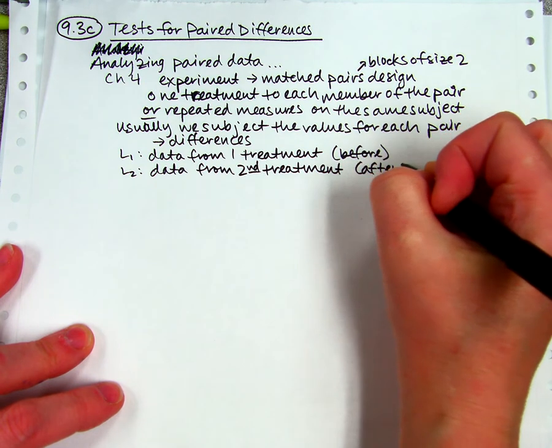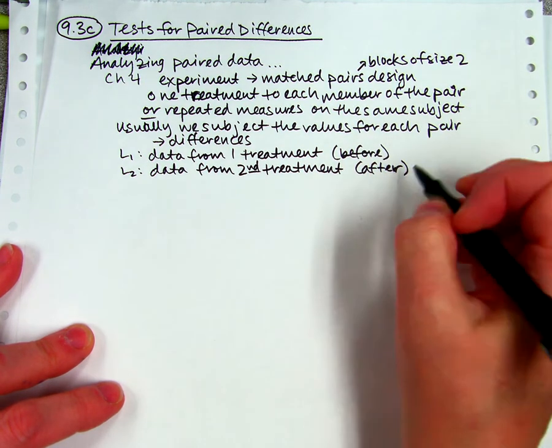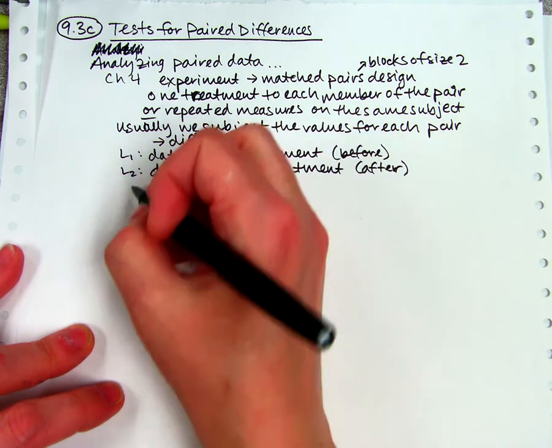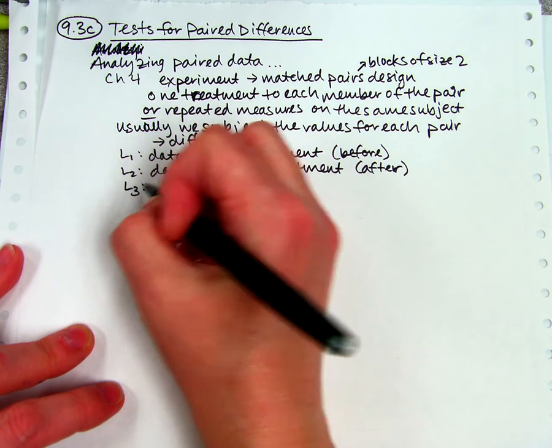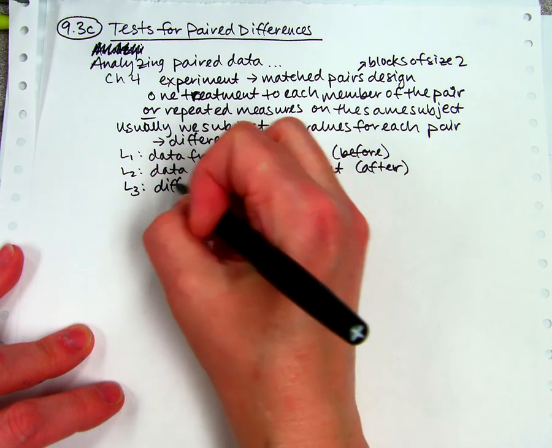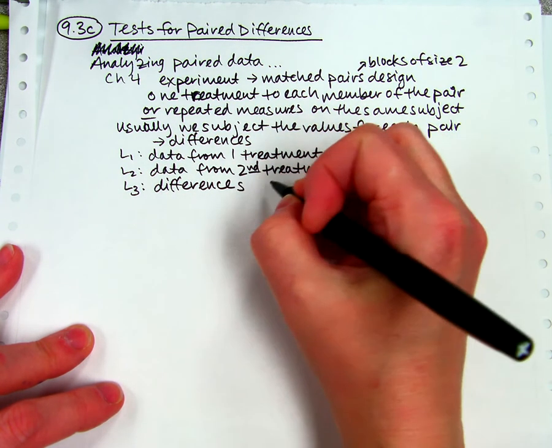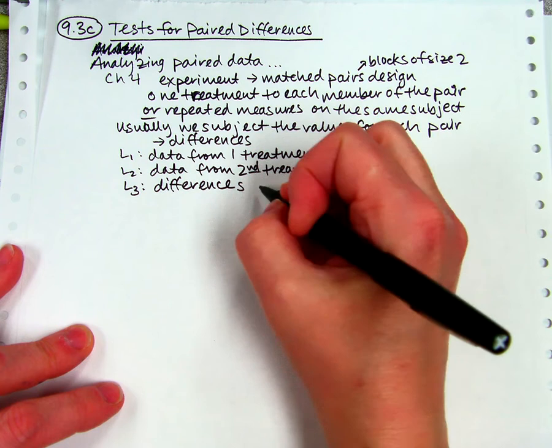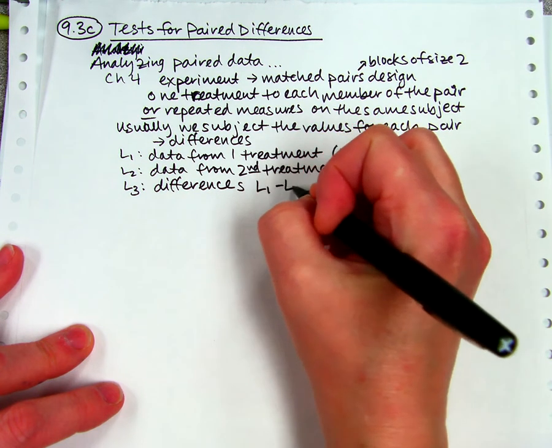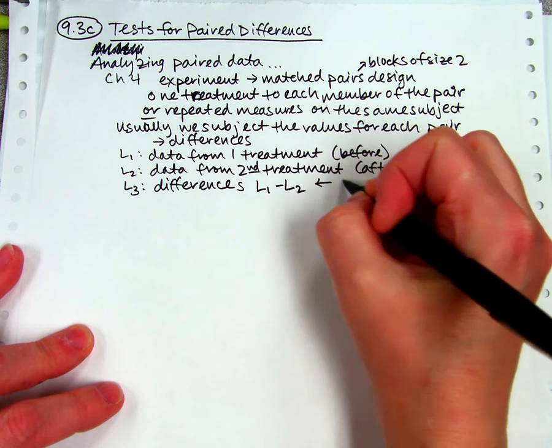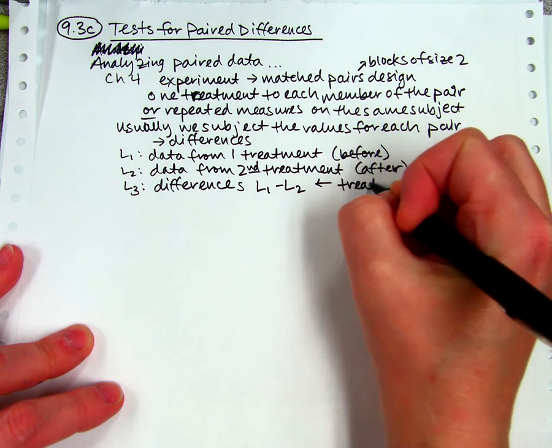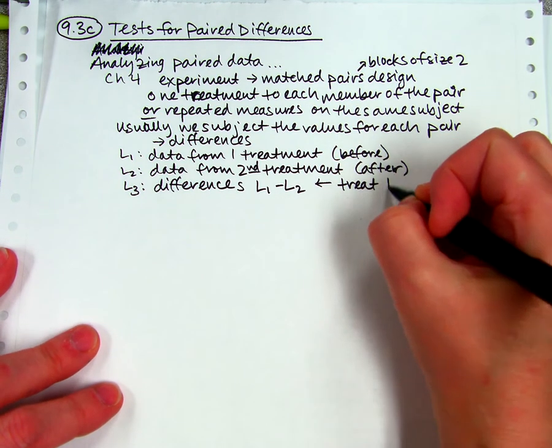And then you subtract them because you're thinking that the second one will come out bigger than the first or something like that. So in list 3, you do the differences. I'll show you this on my calculator in just a bit when we do the example. Usually it's list 1 minus list 2 or list 2 minus list 1. It could go either way. And we are going to treat this list as the data for the rest of our test.